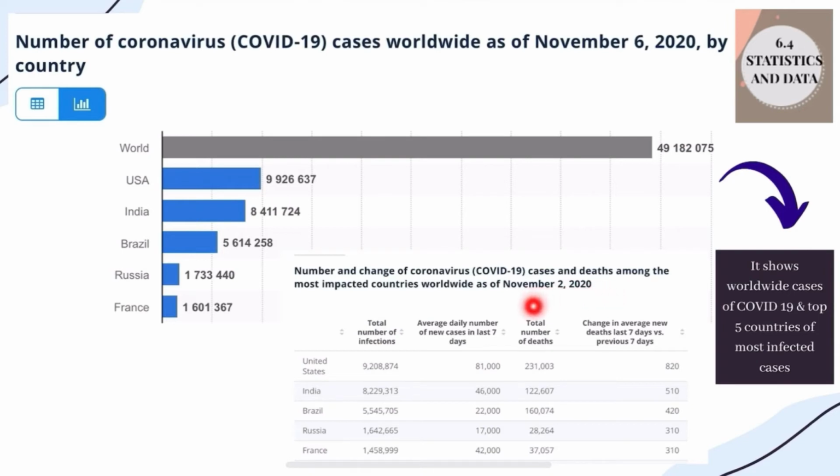And here the table shows the number and changes of coronavirus cases and deaths among the most impacted countries worldwide as at November 2, 2020. So here we have the total number of infections where the USA holds the highest number.